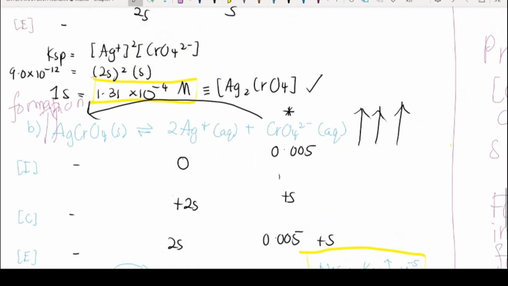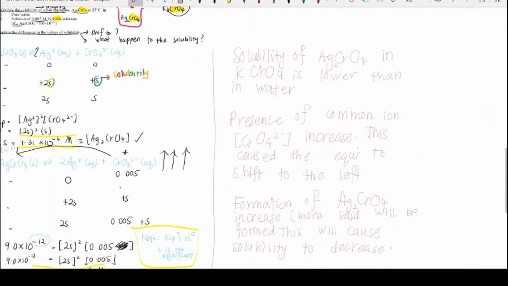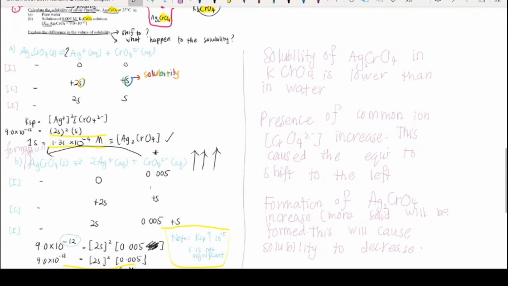And then next you have to explain what would happen to the solubility by looking at which direction the shift is going to be. Okay, for this question it shifts to the left. So we are forming more solid Ag2CrO4. So the solution will become less soluble, which means it will be more difficult to dissolve it. So that's all for 7.3.